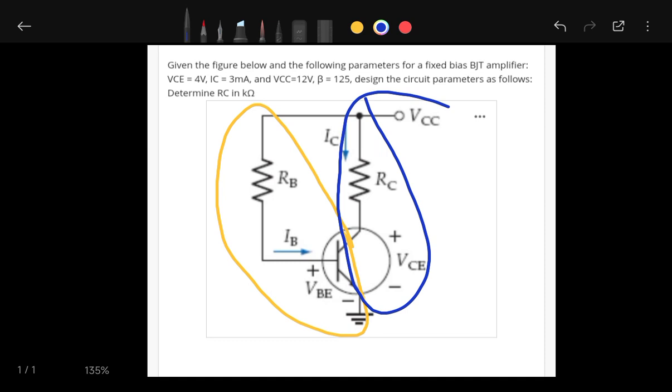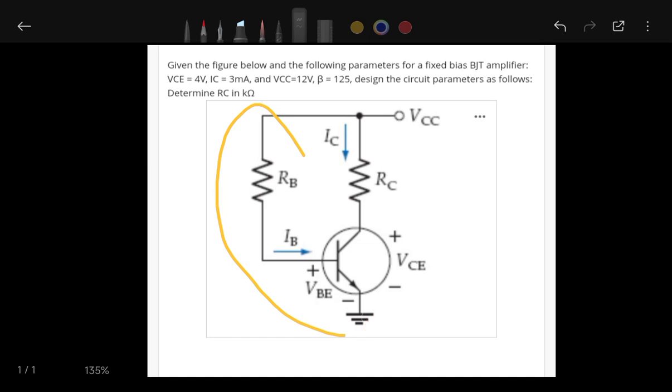After drawing the two loops, you apply KVL, and then solve what you need to solve. If they want a base current, you use the base emitter loop. If they want a VCE, you use the collector emitter loop. Without wasting any time, let me get straight to the point.